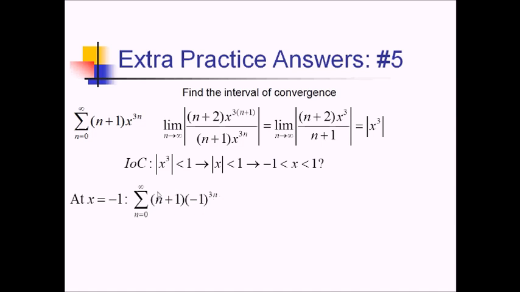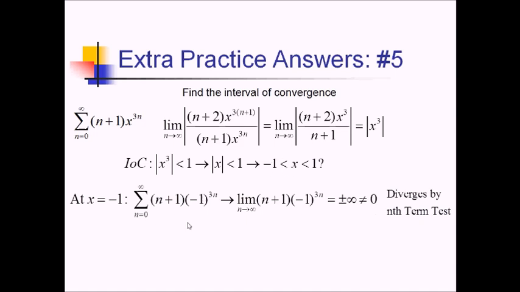So we've got n plus 1 times, this is essentially the same as negative 1 to the nth power in terms of what it's doing. As n approaches infinity for this, I'm going to run the nth term test. As n approaches infinity here, we're growing larger and larger and then flipping back and forth. So this is like plus or minus infinity, not 0. So this is going to diverge by the nth term test, and this negative 1 has just less than, not less than or equals to.